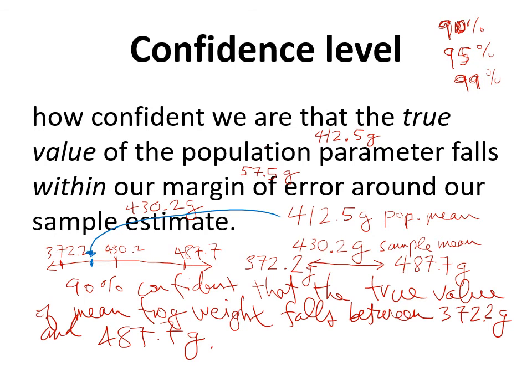And this means that we're 90% confident that the true value falls between here and here, and 1 time in 10, the true value would be expected to fall outside of that interval, either below that interval or above that interval. So that's what that stuff means.